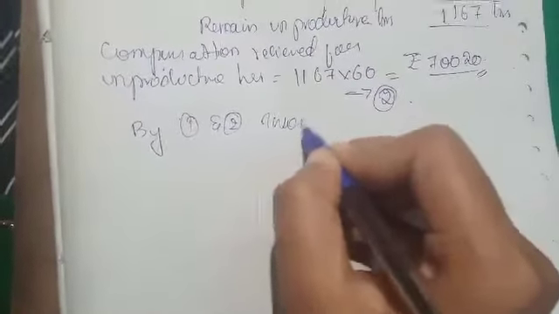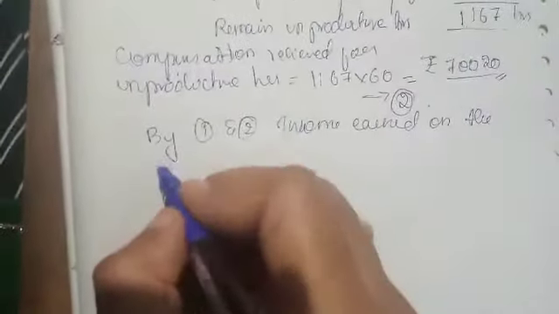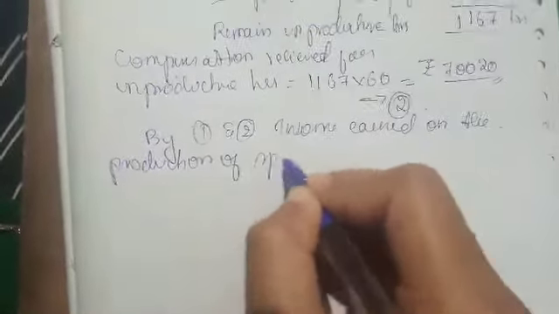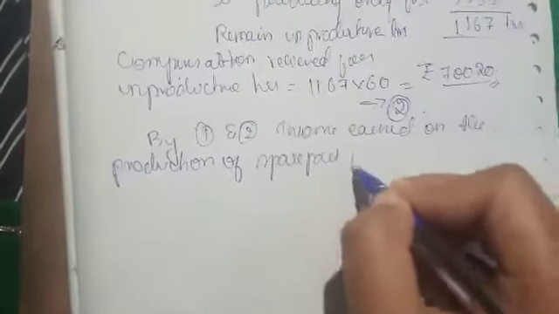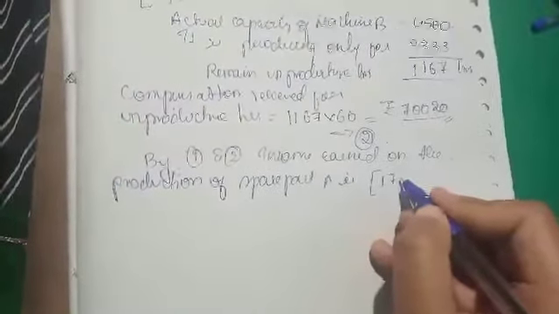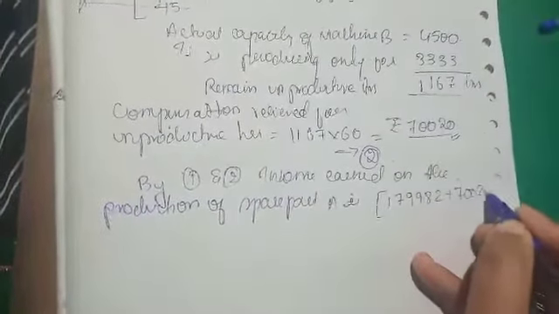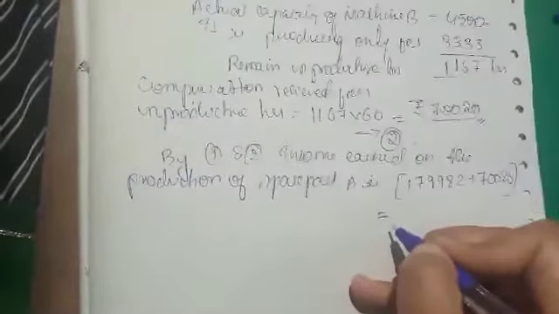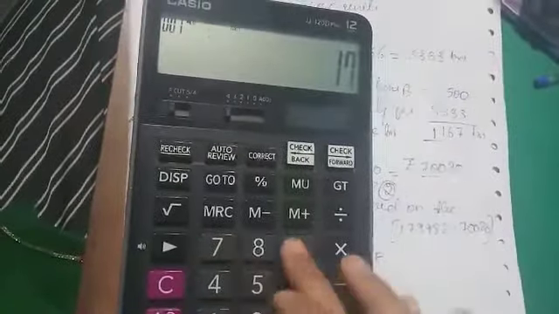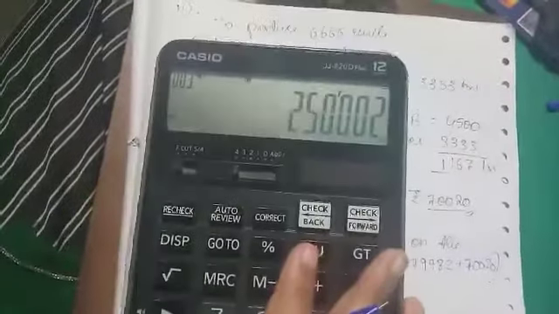Income earned on the production of spare part A is 1,79,982 plus 70,020, which will be 2,50,002.